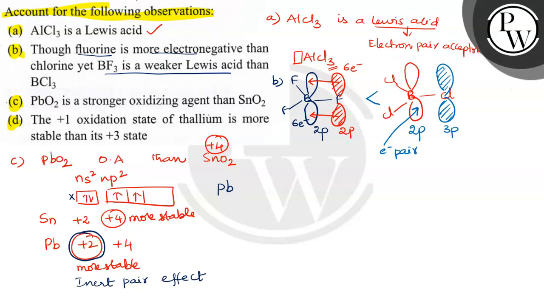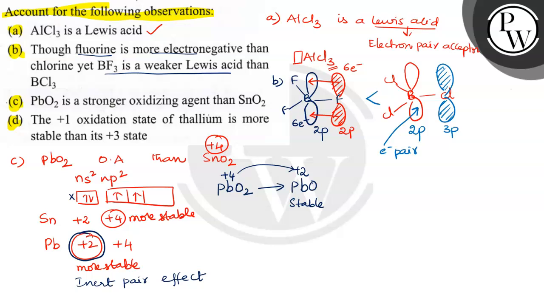So PbO2 is in the +4 oxidation state. It can readily change into PbO, that is the +2 oxidation state. Why is it readily changing into that? Because Pb +2 is more stable. Why is it more stable? Reason, inert pair effect. So +4 to +2 it is changing, which means it is a good oxidizing agent.